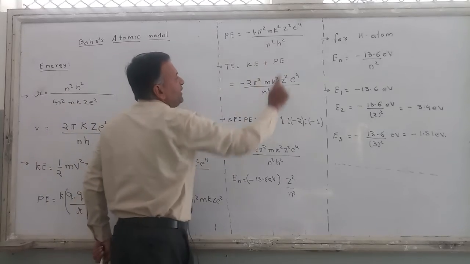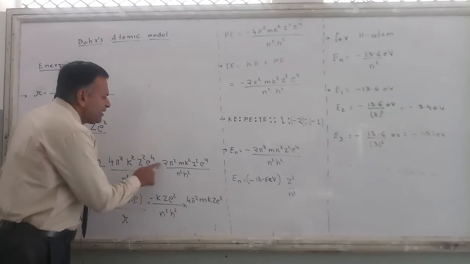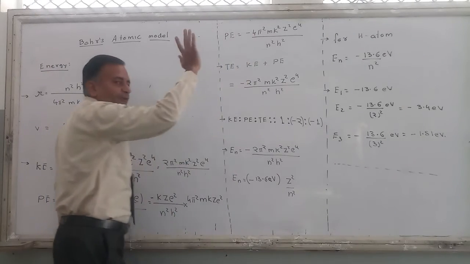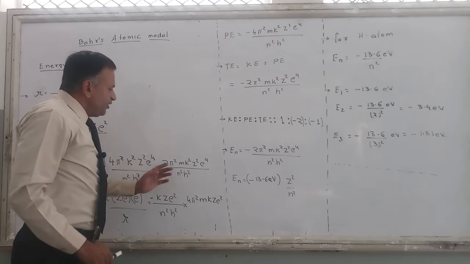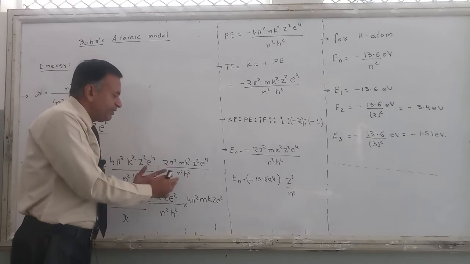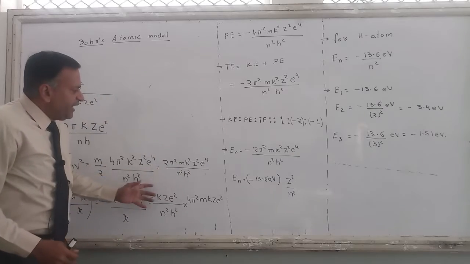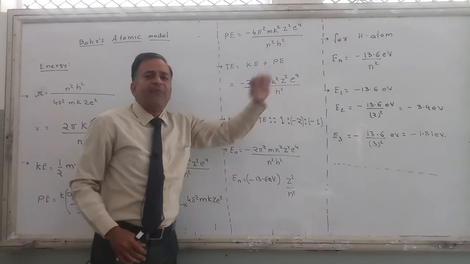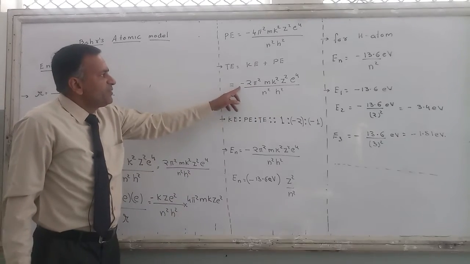Here also n square, h square in the denominator. Except these two numbers. Here it is 2, here it is minus 4. Okay, so the things are a bit long, they are a bit complicated because there are many different physical quantities coming in the same equation. Total energy is minus 2.